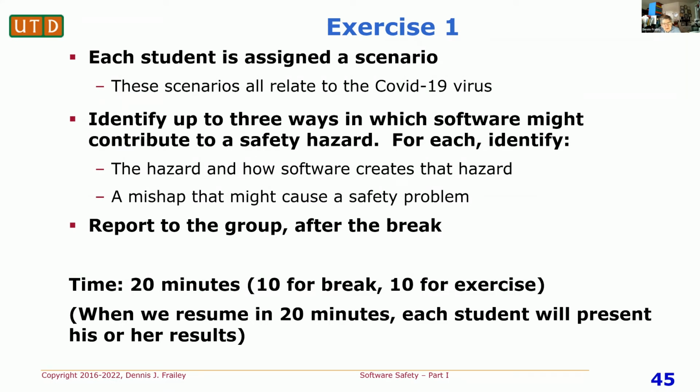You will discuss the hazard and how software can create that hazard, and then describe a mishap that might cause a safety problem because of that hazard. It says here 10 minutes for the break and 10 minutes for the exercise, but I'm giving you an extra 10 minutes because we're a little early today.